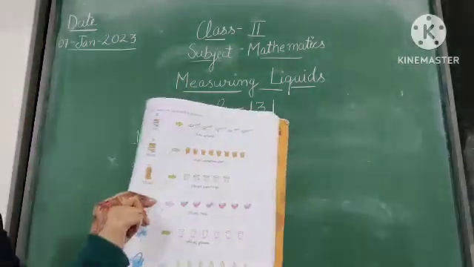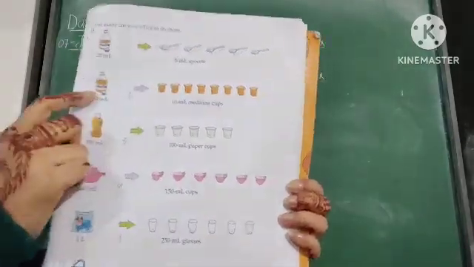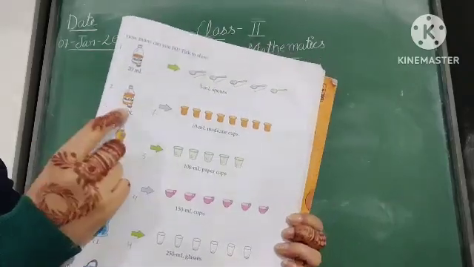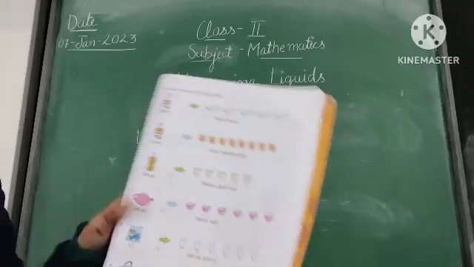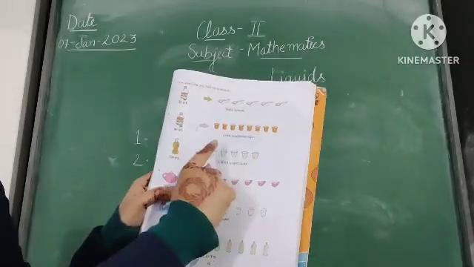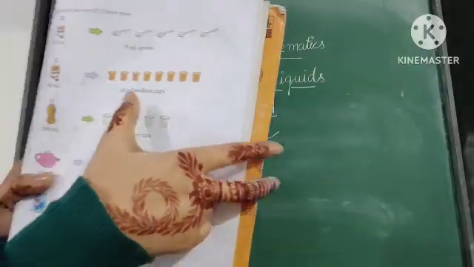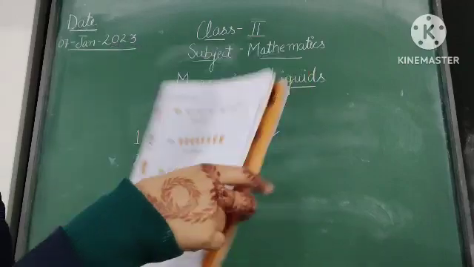Next question. Here we have this bottle filled with liquid which is 60 milliliters in quantity, and we have to fill these cups which are 10 milliliters each. So how many cups can be filled?